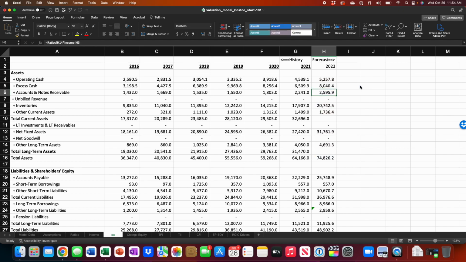All right. Change my excess cash. I want to make sure I get this right. All right, so equals this minus this minus that minus that.